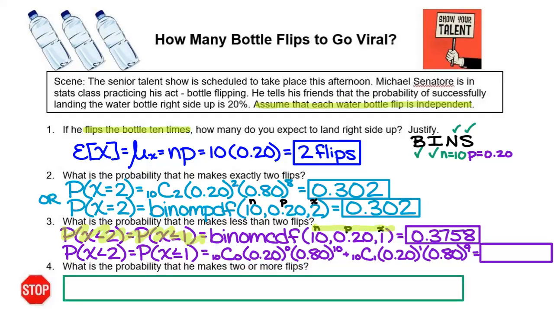Now, typically, I don't like to do a less than or equal to this way, because usually there's more than just 2 things that we would need to calculate, and that gets to be too much. My preference is binom CDF. But you should get the exact same answer, no matter which way you calculate this one out.